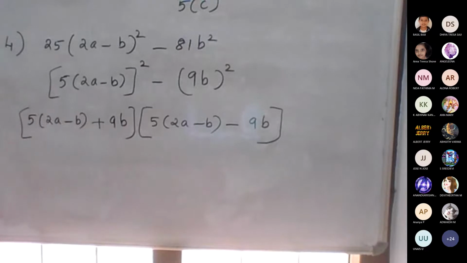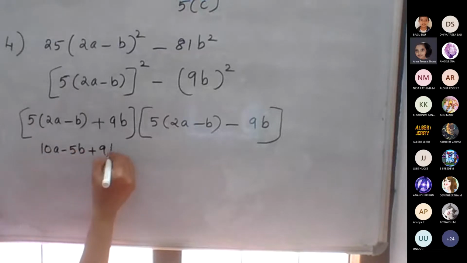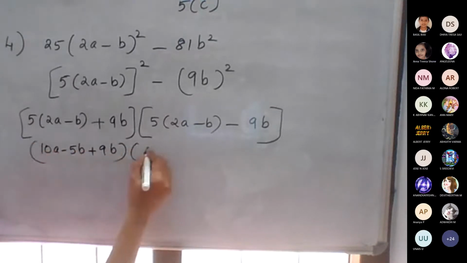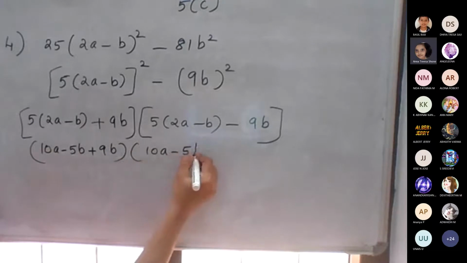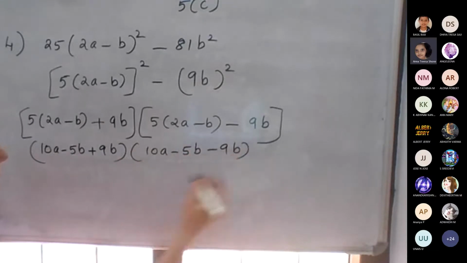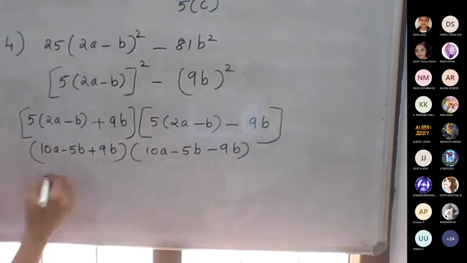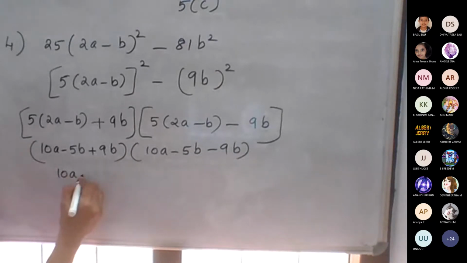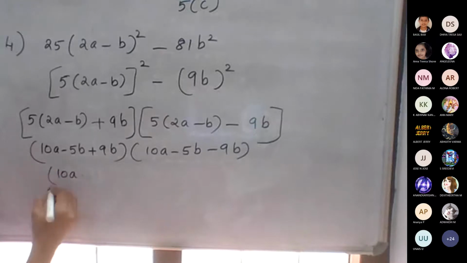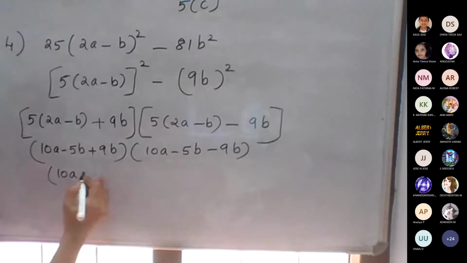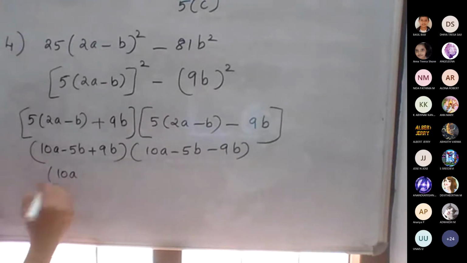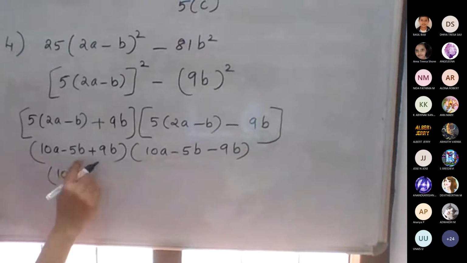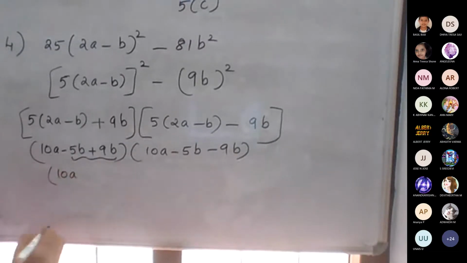Next, open the brackets. 10a minus 5b plus 9b, and 10a minus 5b minus 9b. 10a minus 5b plus 9b gives 10a minus 4b? Is the 4b positive or negative?